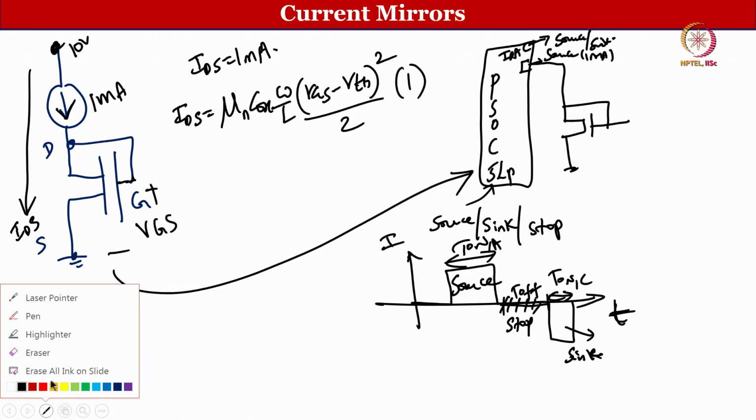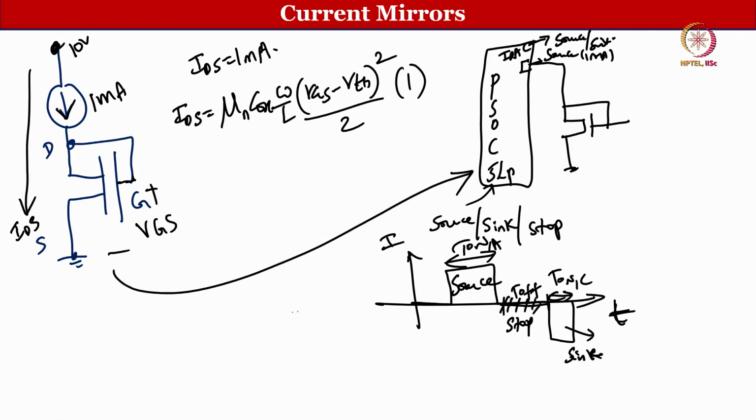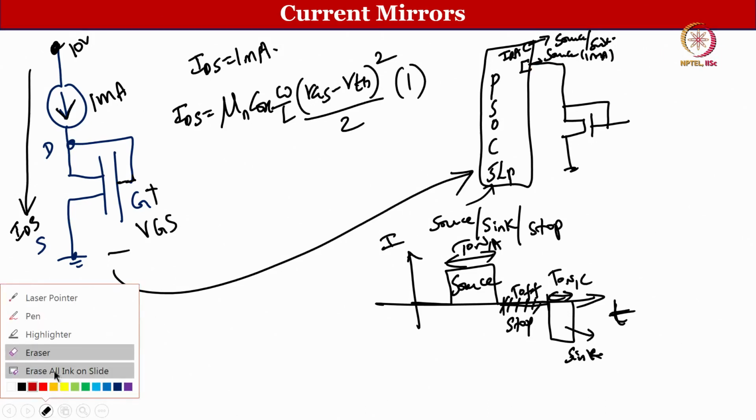So, now what happens is, instead of directly supplying this to the brain, I am trying to supply through something, so that I can have multiple sources at a time, right.